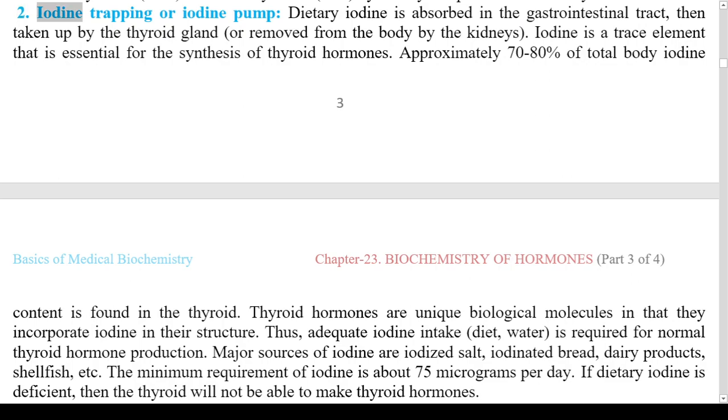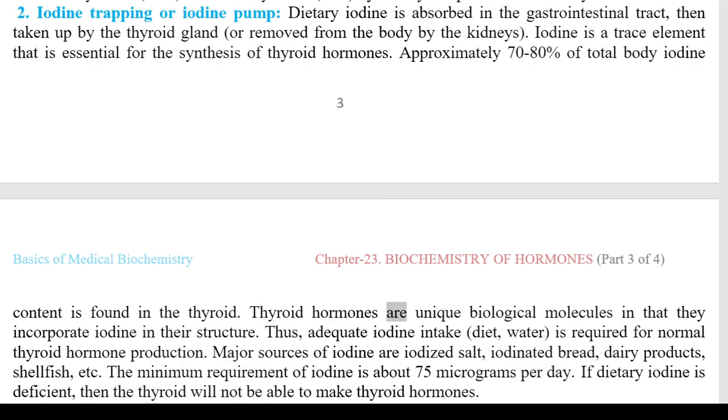2. Iodine trapping or iodine pump. Dietary iodine is absorbed in the gastrointestinal tract, then taken up by the thyroid gland, or removed from the body by the kidneys. Iodine is a trace element that is essential for the synthesis of thyroid hormones. Approximately 70 to 80% of total body iodine content is found in the thyroid.